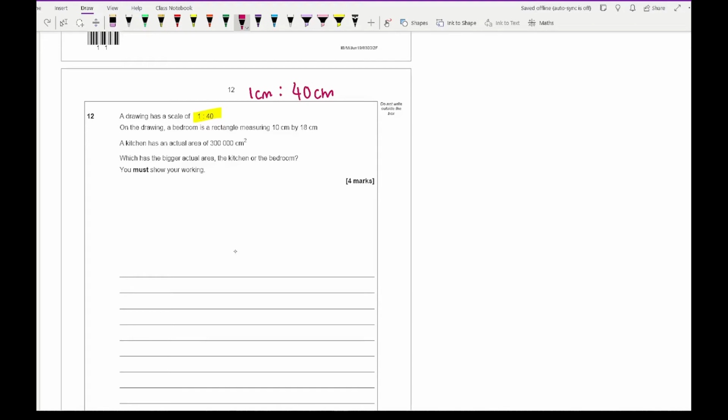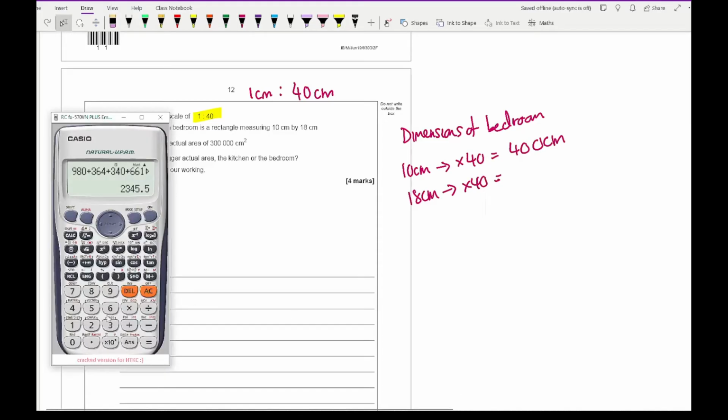So the dimensions of the bedroom are going to be 10 centimeters, which if I multiply that by 40 is going to be 400 centimeters, and 18 centimeters multiplied by 40 is going to give me, and I'm just double checking on my calculator to make sure that we don't bodge this up, equals 720.